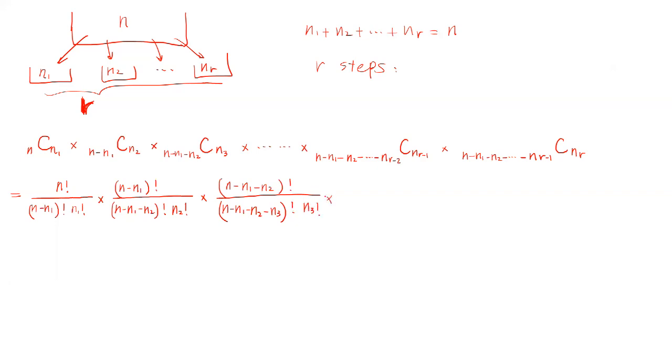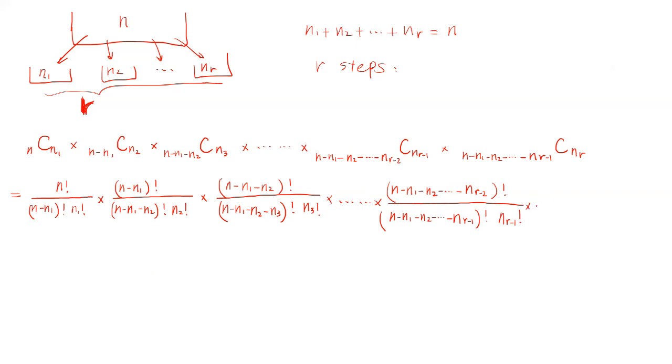The second to last term is n minus n1 minus n2, etc., minus n r minus 2 factorial over n minus n1 minus n2, etc., minus n r minus 1 factorial times n r minus 1 factorial.